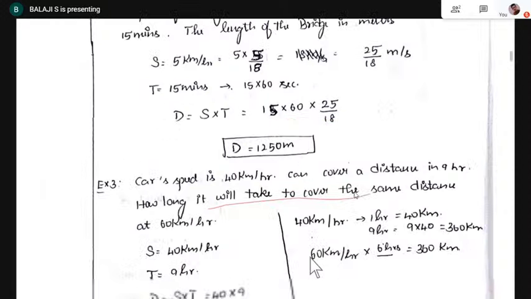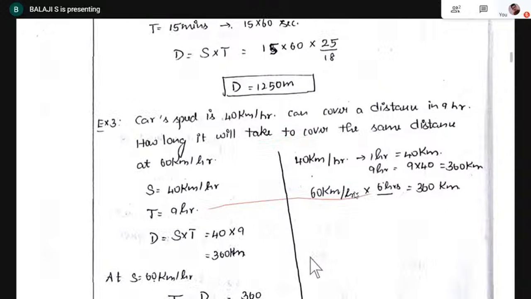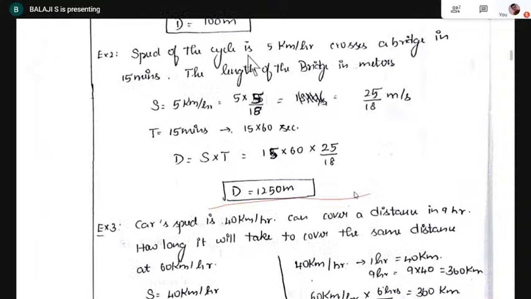In this problem, first of all read the question. A car at a speed of 40 kilometer per hour can cover a distance in 9 hours. How long will it take to cover the same distance at 60 kilometer per hour? This is a very simple question. In competitive exams, if you solve like this in the normal conventional manner, it can take more time. If it is an easy sum it takes around 1 or 2 minutes.